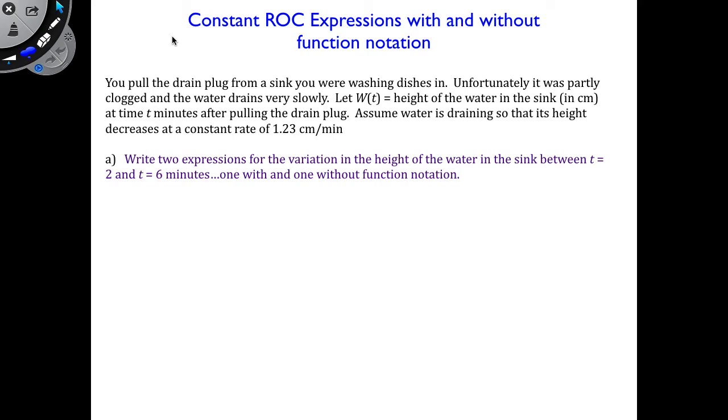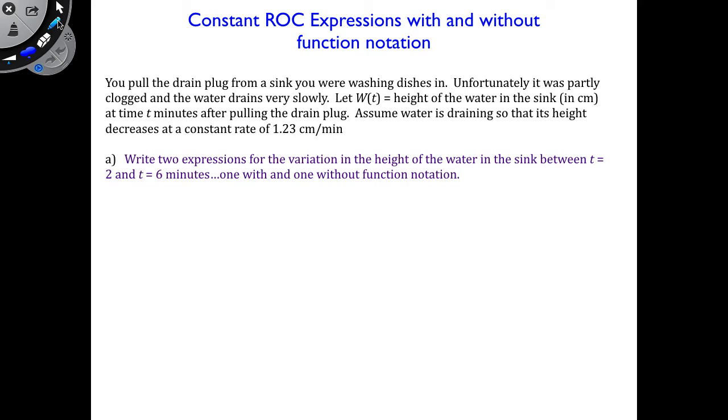We'd been talking about function notation just before this on Monday. So we can write this with and without function notation, and we decided that one way we could do it, the change in the height of the water, just like at the bottom of that race car worksheet that we had, was to take the two dependent variable value expressions as function notation, w of something. W of t here is the height of the water at time t minutes after pulling the drain plug.